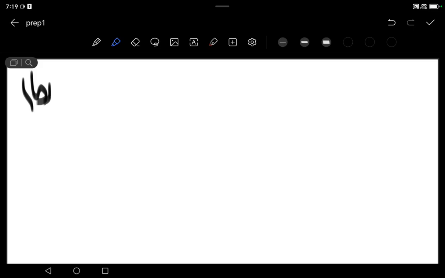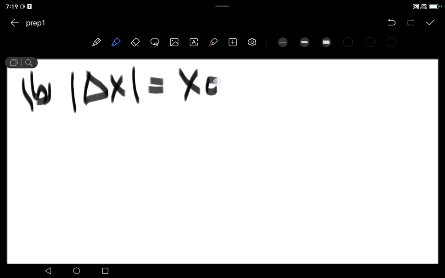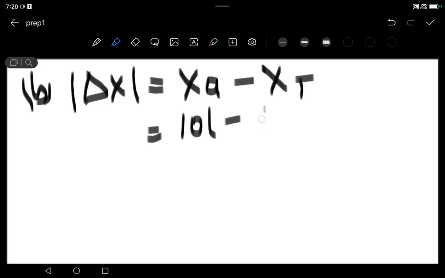Our absolute error: we subtract 100 from the 101 that we got. We calculated XA, which is 0.5 plus 100 plus 0.5, giving 101 millimeter. Our absolute error is XA minus XT, which is 101 minus 100, which is 1.